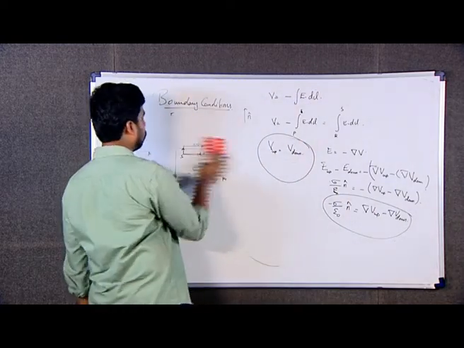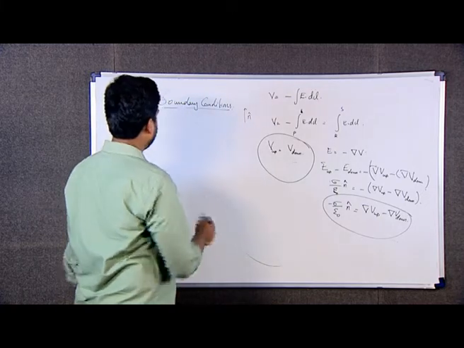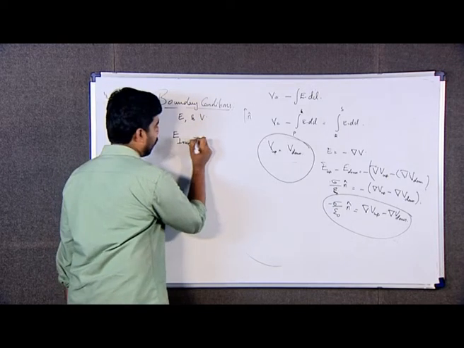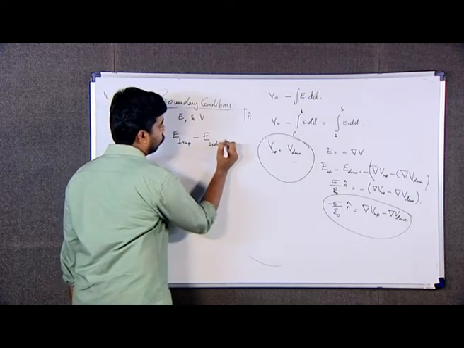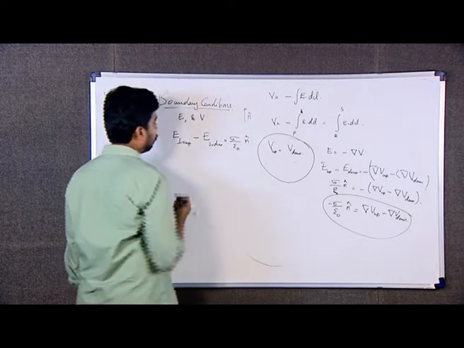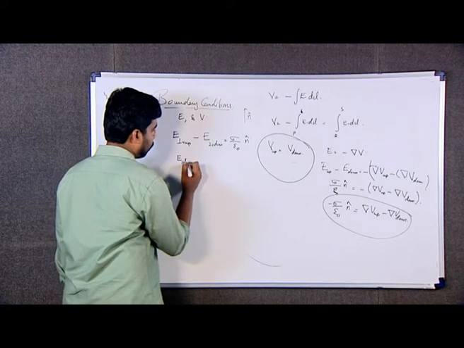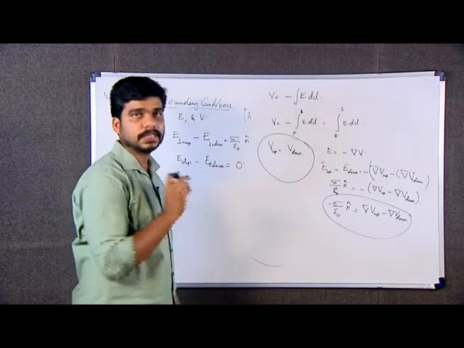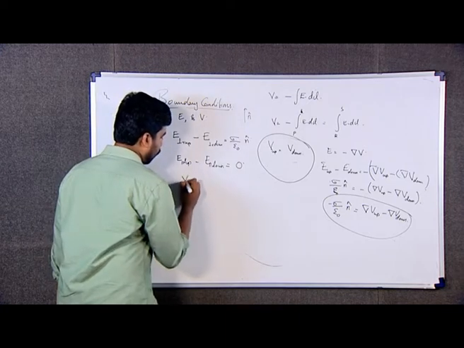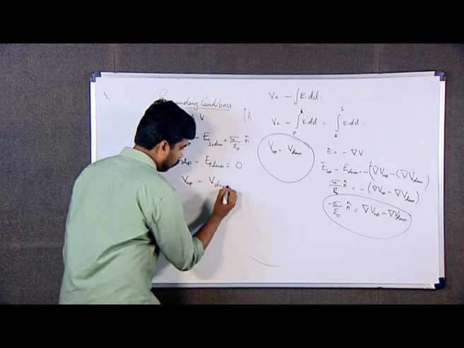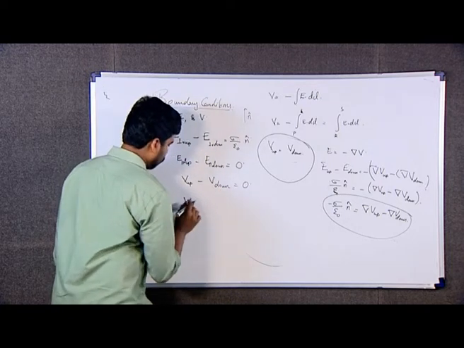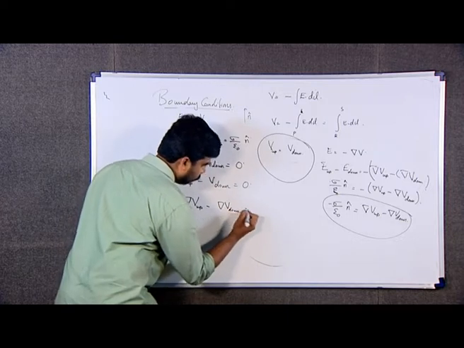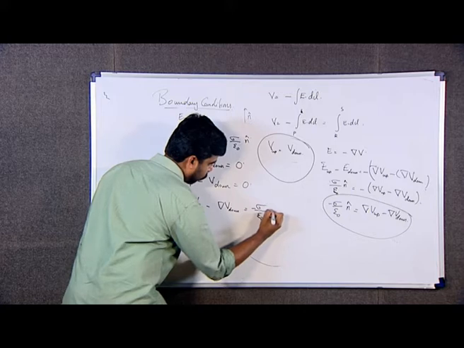So, I can club and write the 4 equations for the boundary condition for E and V. That means E perpendicular up minus E perpendicular down is equal to sigma by epsilon 0 into n cap, and E parallel up minus E parallel down is equal to 0 because they are continuous at the boundary, and similarly V up minus V down is equal to 0, and gradient of V up minus gradient of V down is equal to minus sigma by epsilon 0 into n cap.